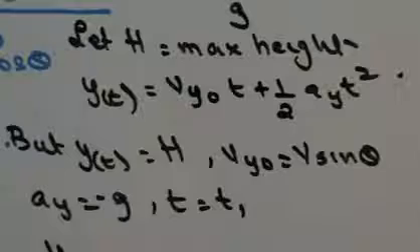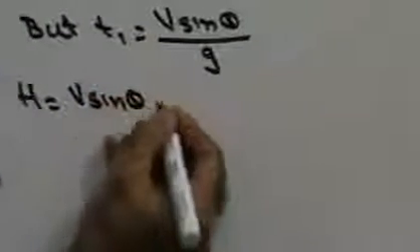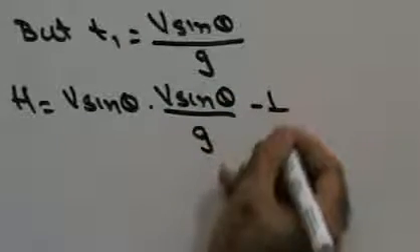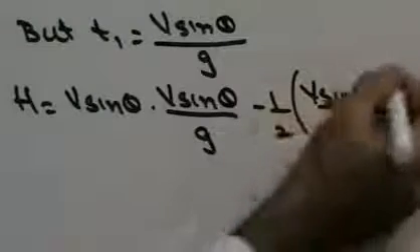Let's substitute this here. h is equal to v sine theta into t1 minus half g t1 square. But we just found that t1 is v sine theta upon g. Substituting the value of t1, I get h is equal to v sin theta into v sin theta upon g minus half g into v sin theta upon g the whole square.